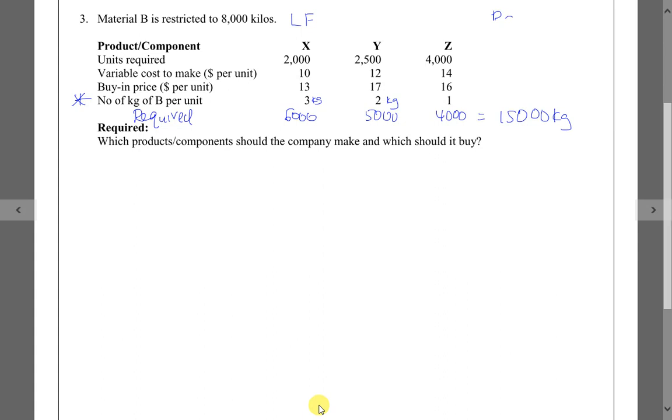So check X, Y, Z. Variable cost to make, every unit costs me $10 to make, $12 and 14. Variable cost to buy: 13, 17, 16.